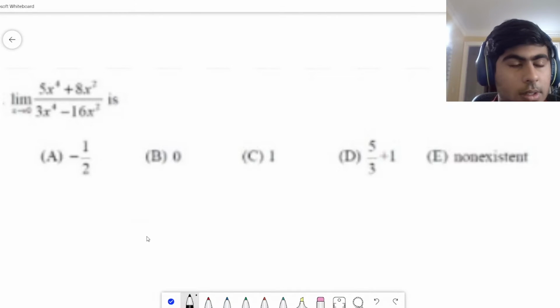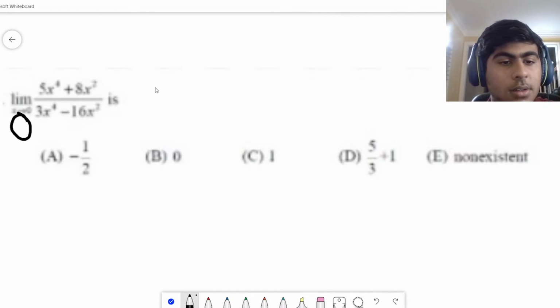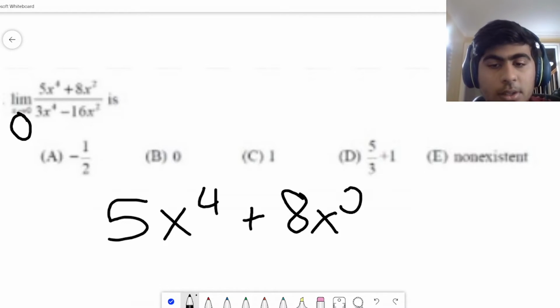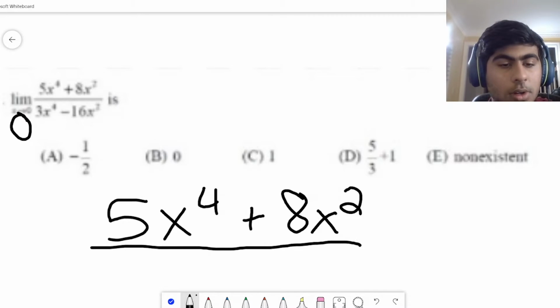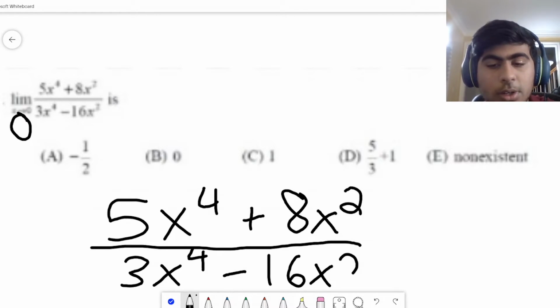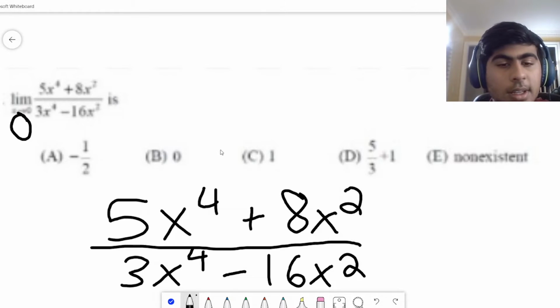Now this says the limit as x approaches 0 of 5x fourth plus 8x squared over 3x fourth minus 16. Sorry for the poor resolution, but yeah. And then let's see what we can do with this.